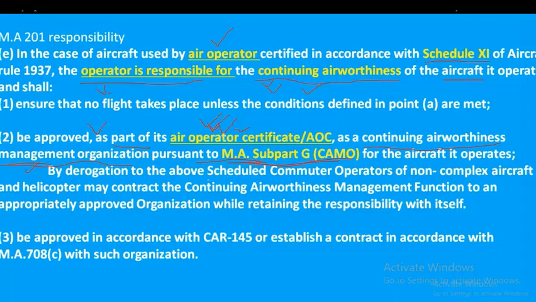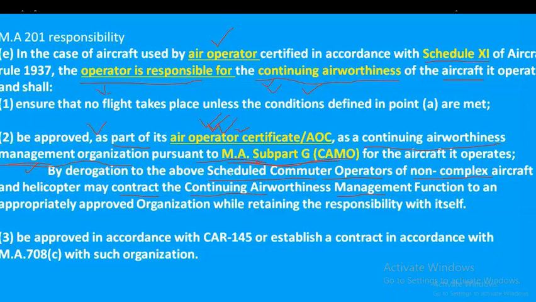But in the case of scheduled commuter air transport service operators, if they have some non-complex motor powered aircraft or helicopter, then there is a chance that the operator can give continuing airworthiness tasks to another CAMO in a contract. This is only applicable for which type of air transport operators?